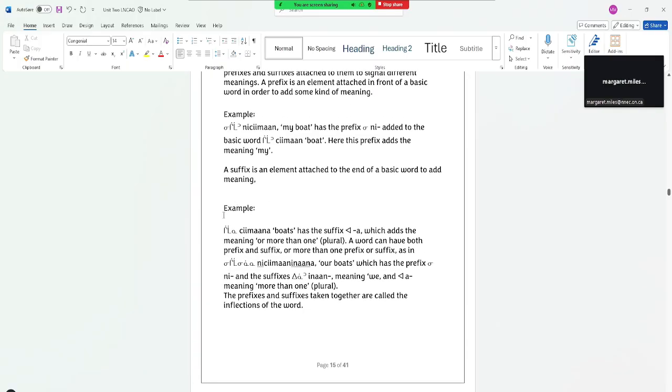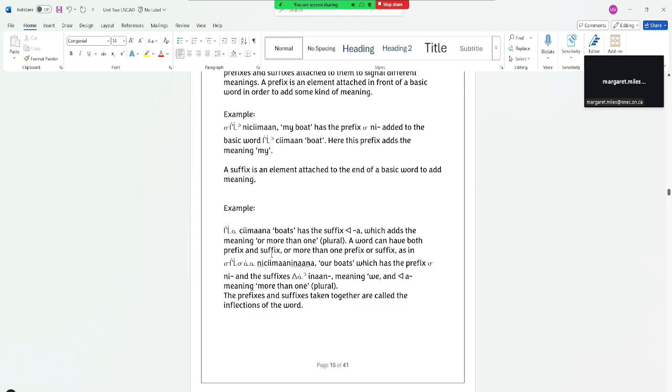So here you can see ni added in the front of the word and na or a added, jimana. And here the suffix is a, jimana, which means more than one, so plural.